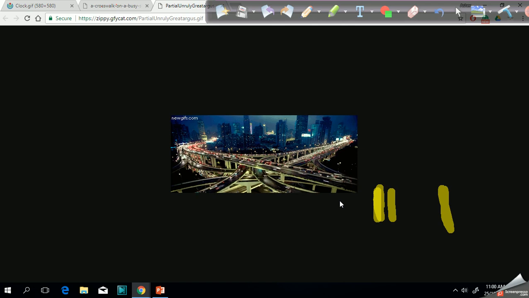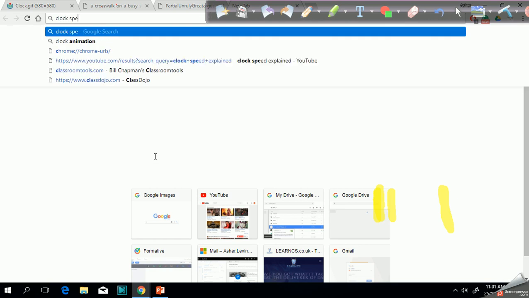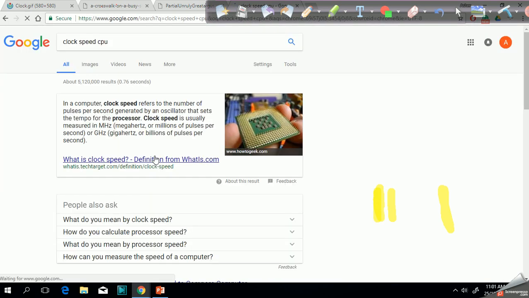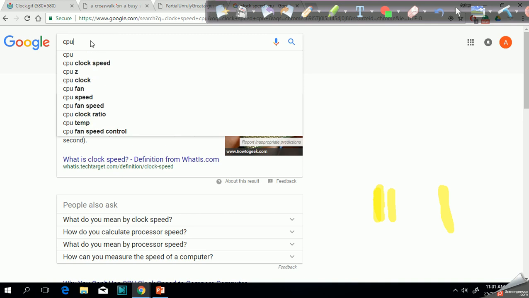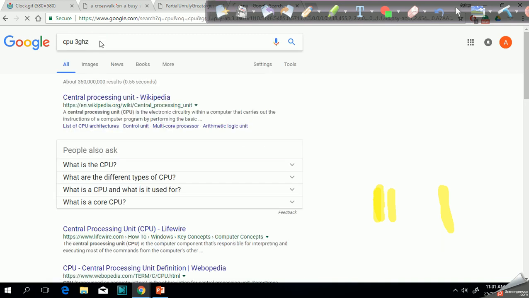So when you see CPUs with a clock speed of, let's have a look at a CPU. CPU, 3 gigahertz.